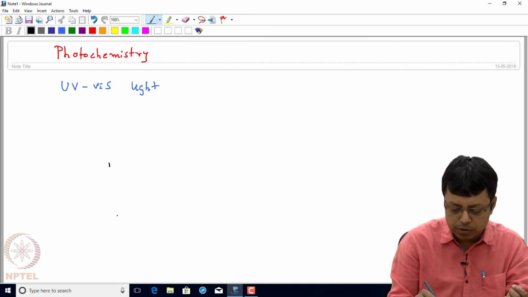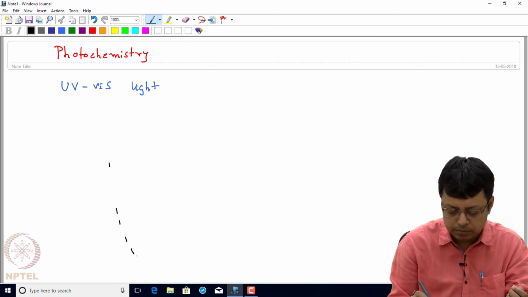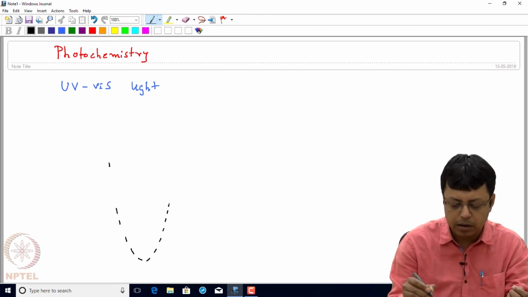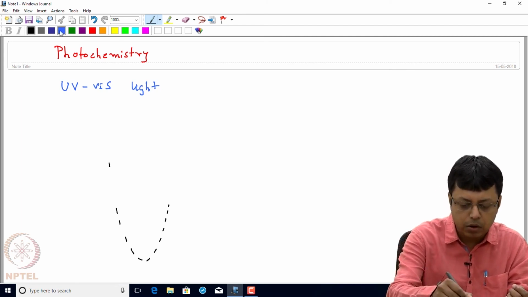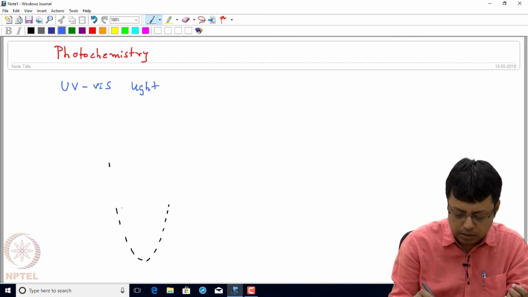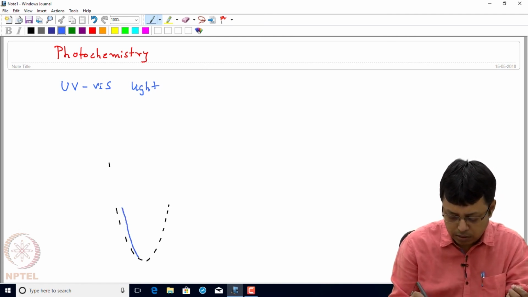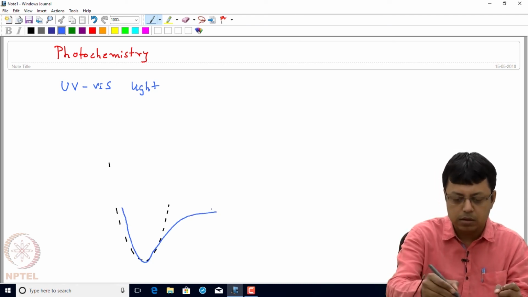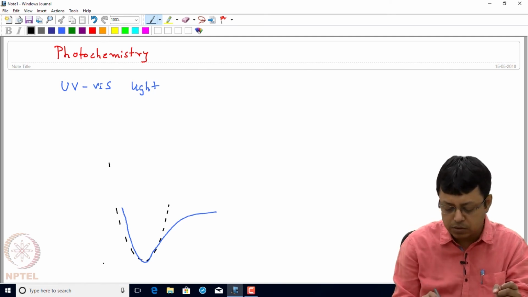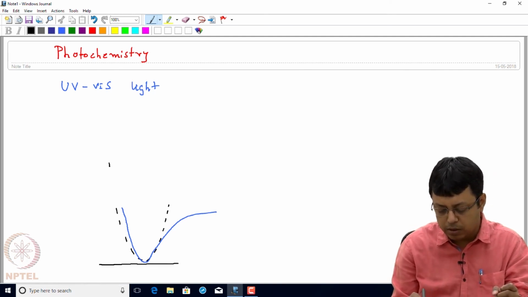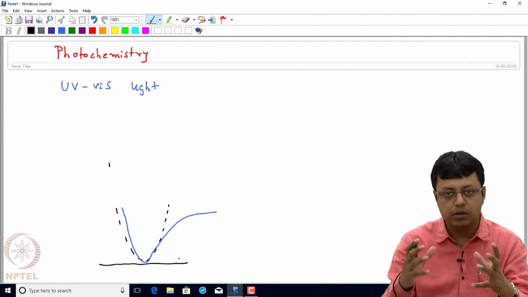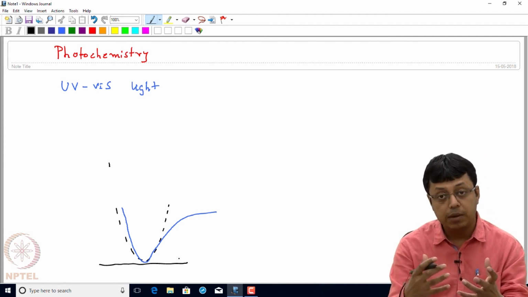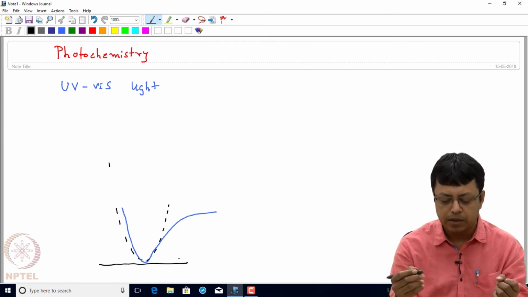So what I'm showing here is a harmonic potential well, and on top of it I am showing the real potential felt by a molecule. Now, as you can see, very close to zero level, in the sense close to the ground electronic level, the potential can be approximated as a harmonic potential.